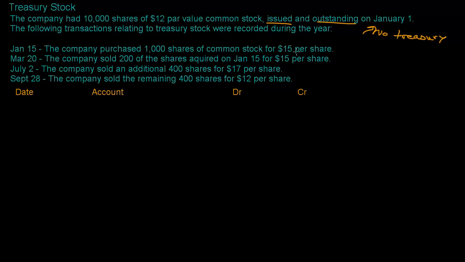But now, how do we determine how much of the $15 per share is actually going to go into the treasury stock account? Well, when you buy treasury stock, the amount that the company purchases the stock for becomes the stated value of that treasury stock. If you remember back to the common stock video that we went through, the stated value is what is put into the stock account. So we're going to treat the entire $15 as if that were the stated value of the stock. So now we can do the journal entry.